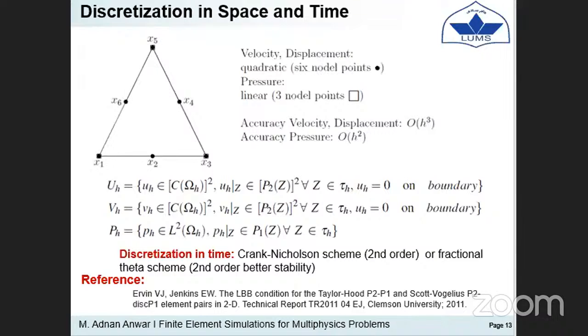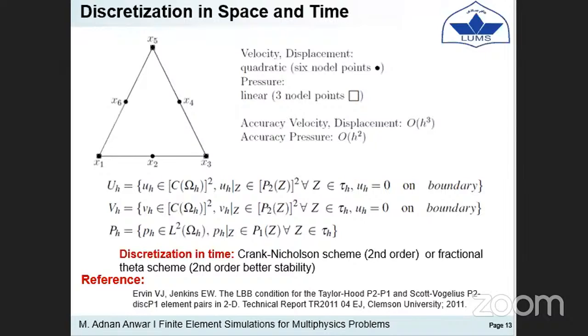To discretize the nonlinear system of PDEs, we use the P2 P1 finite element. In this finite element, the pressure variables are defined only on the vertices, and the velocity variables are defined on all vertices and the mid nodes.